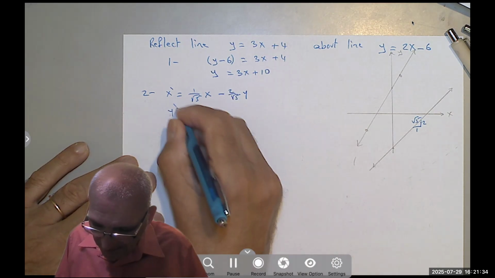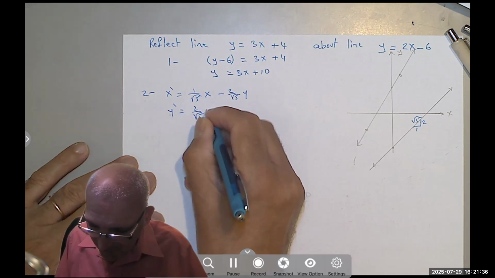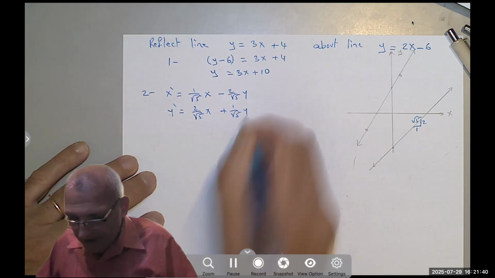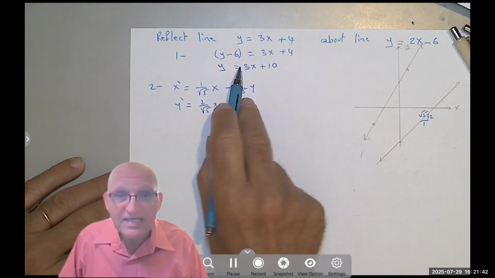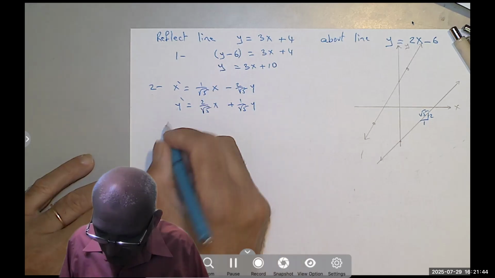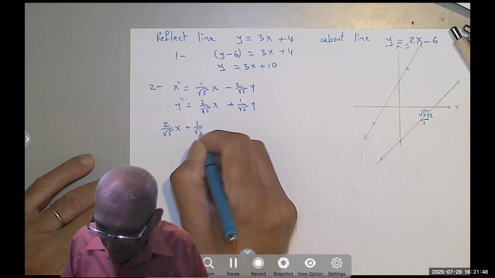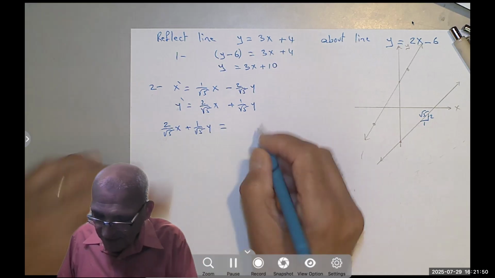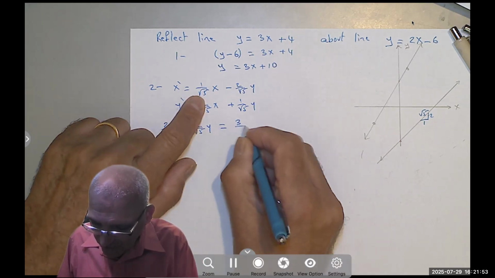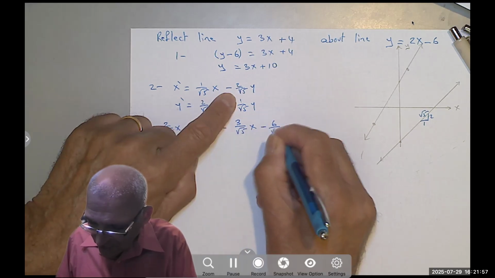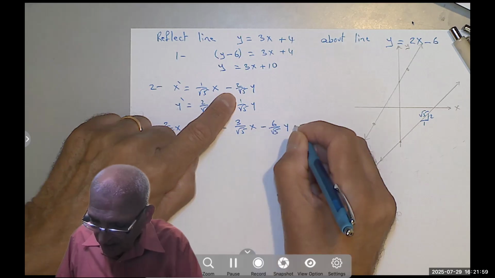And the y prime becomes 2 over root 5x plus 1 over root 5y. So I'm going to replace in this equation. The y becomes 2 over root 5x plus 1 over root 5y equals 3 times that. So it becomes 3 over root 5x minus 6 over root 5y plus 10.